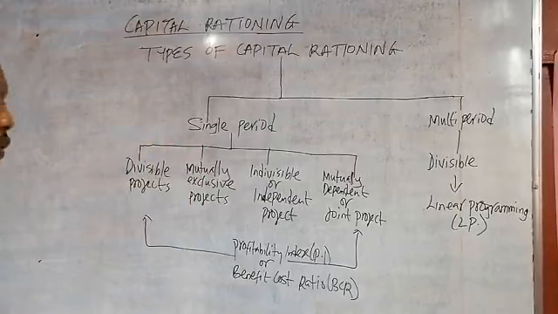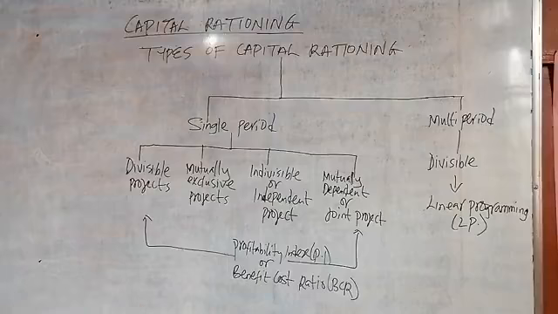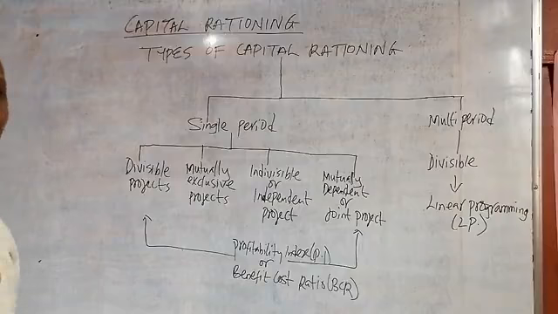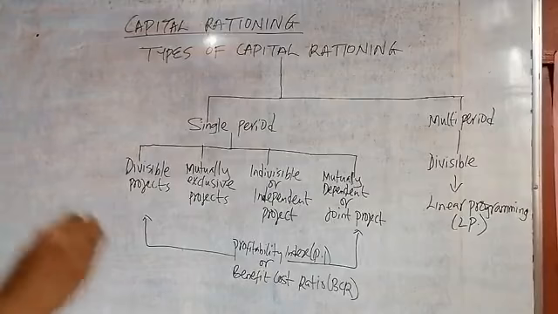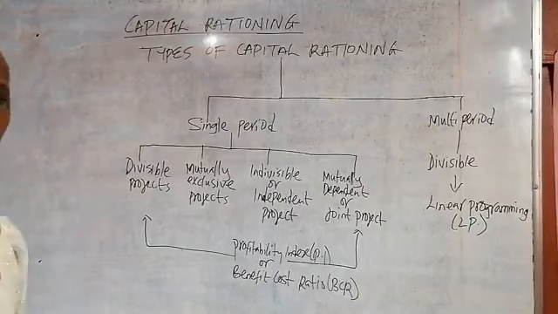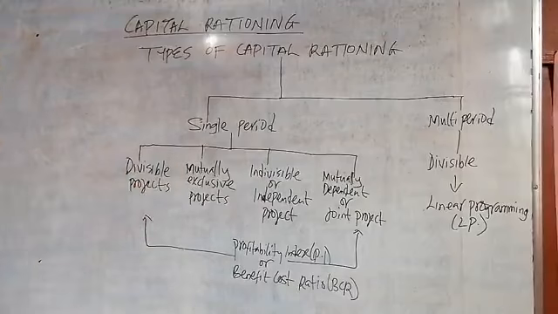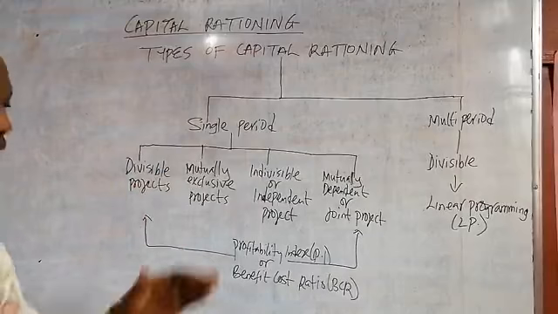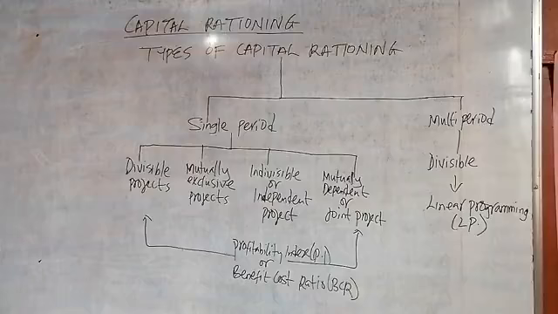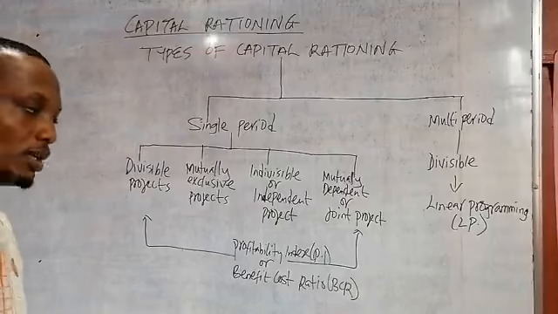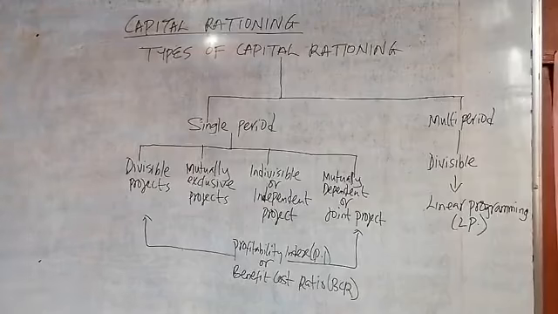We know that the rule under NPV is for the company to invest in any project that gives a positive NPV. But when capital is not sufficient to invest in all the projects that give positive NPV, we ration the available capital on the projects in the order of importance, the order of their return, be it on NPV or PI, as the case may be.